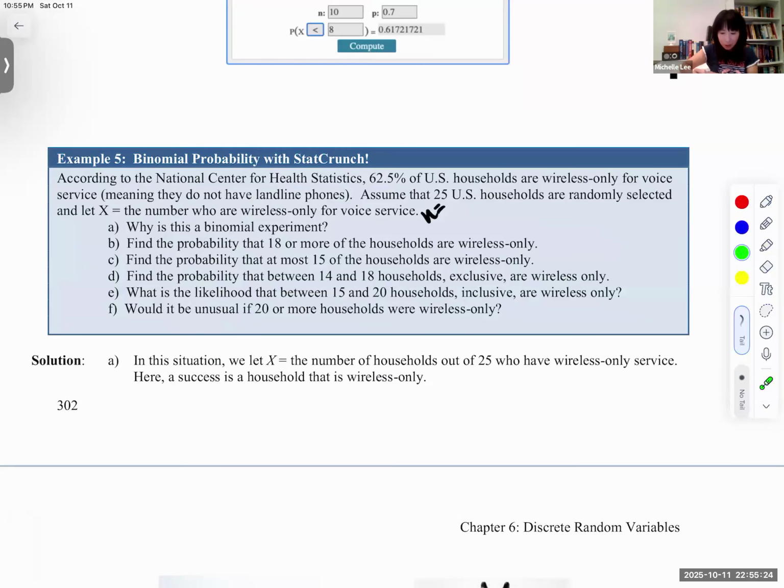So I'm going to show you StatCrunch, right? 18 or more, so it's greater than or equal to 18 out of 25, right? And then at most is less than or equal to, so the probability of at most 15, and between exclusive, oh, we don't have exclusive, huh?